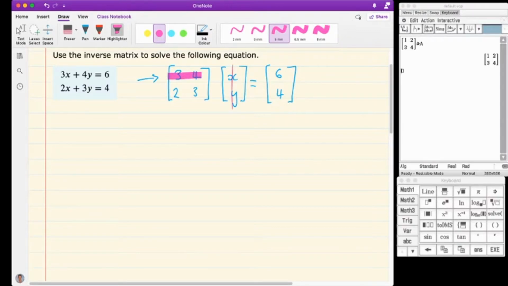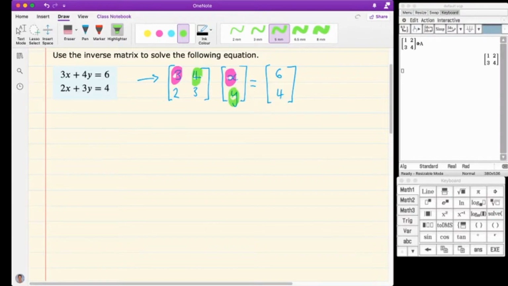That means we multiply our 3 by our x, then our 4 by our y, giving us 3x plus 4y. Hopefully that's all good there.